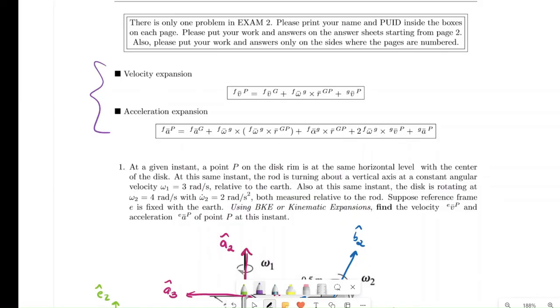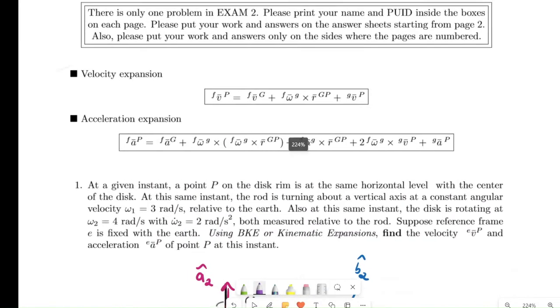When you use velocity acceleration expansions, you don't have to do all the derivative stuff, which is very tedious. It's much easier if you can plug that instantaneous condition directly into these expressions, which is the power of kinematic expansions. So how does this work? Just a brief refresher.